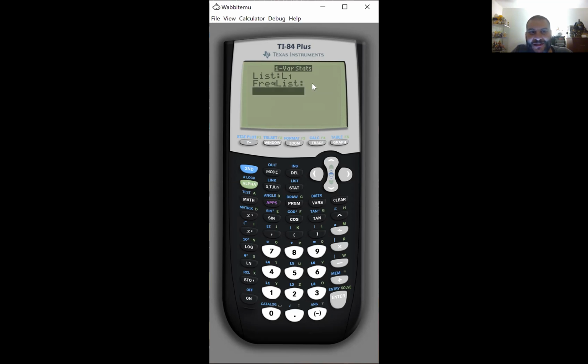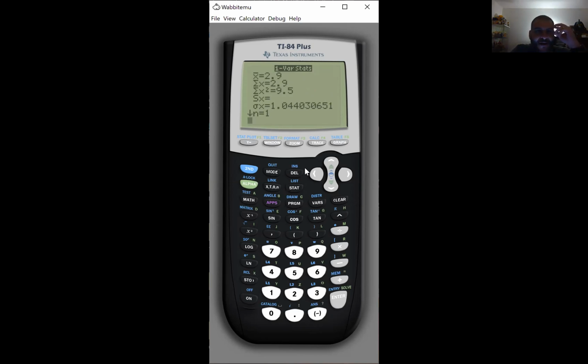Because I've seen many students get the wrong answer just because they left the frequency list as L2, but the problem they were doing doesn't even have a frequency list. So if I were you, I would delete that. That way, you don't have to worry about whether you forgot to put the L2 and now you're getting the wrong answer. All right.